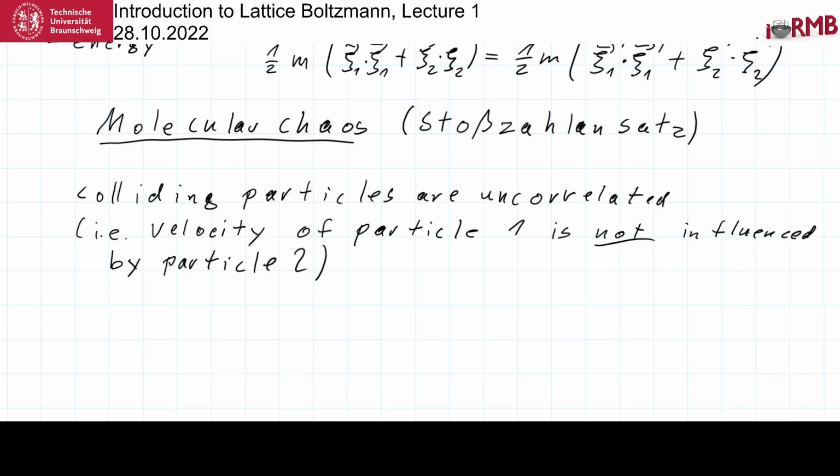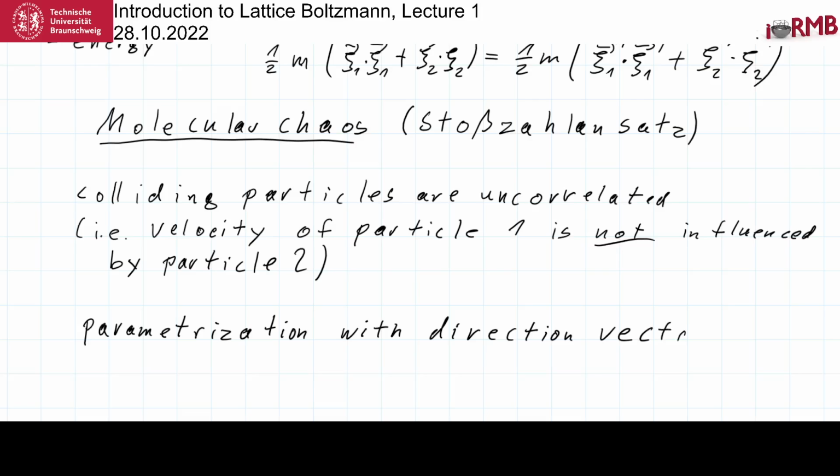Okay, so this was his assumption, and what we then do in order to simplify things is we use a parametrization of this collision with the direction. And this direction is expressed by a vector which we call small sigma. The sigma gives us just a direction, which means it has length 1.